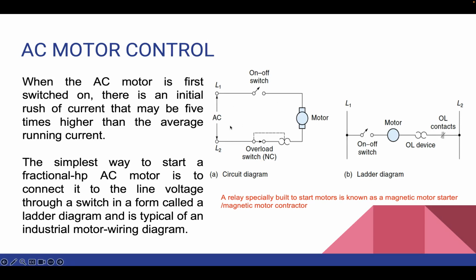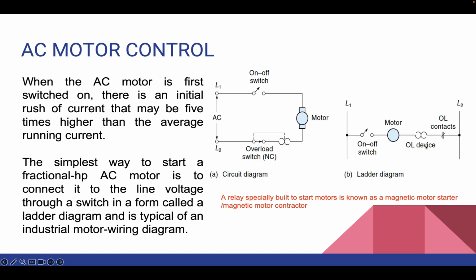This approach, as shown in the circuit and also illustrated in the ladder diagram, is typically a representation in industrial motor winding diagrams. In the ladder diagram, we have L1 and L2. They represent the AC line voltage wires, and each rung symbolizes a circuit.